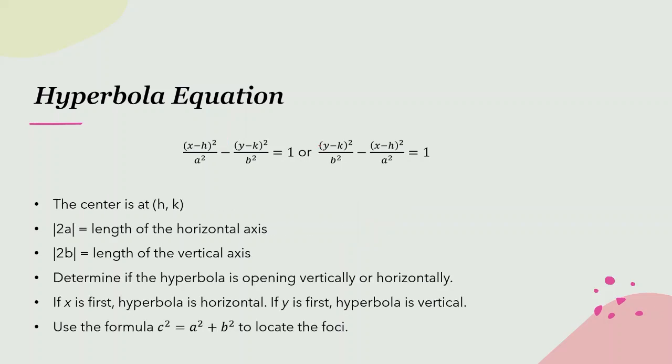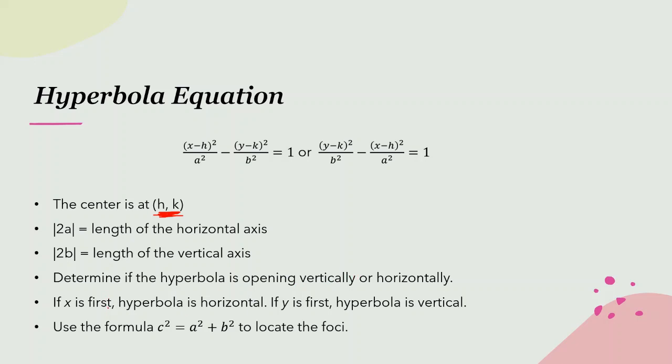So the center in hyperbola is still at (h, k). In order for us to locate the center, that is at (h, k). The length of the horizontal axis is 2a, the length of the vertical axis is 2b, the same as the ellipse. We can determine if the hyperbola is opening vertically or horizontally.